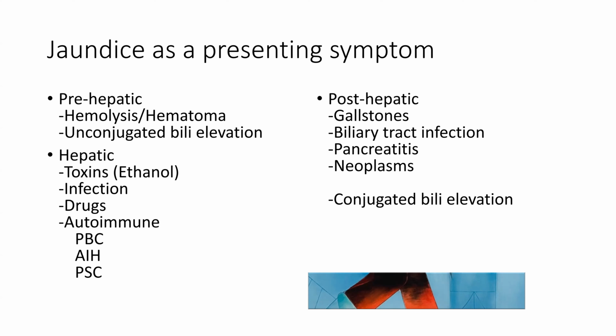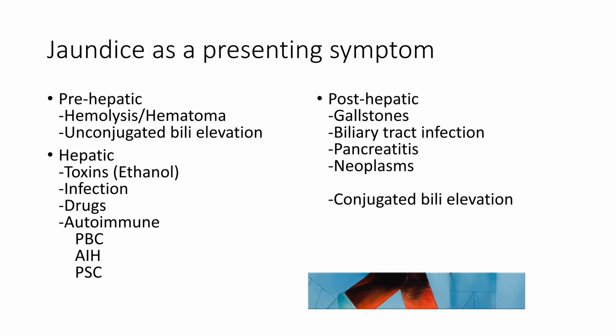So the hepatic list is rather complicated. It includes the toxins and infections we've mentioned, but also drugs and various autoimmune and structural problems like primary biliary cholangitis, primary sclerosing cholangitis, primary biliary cirrhosis, and of course, autoimmune hepatitis.